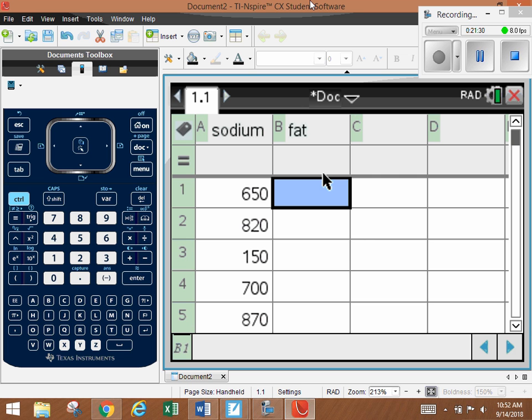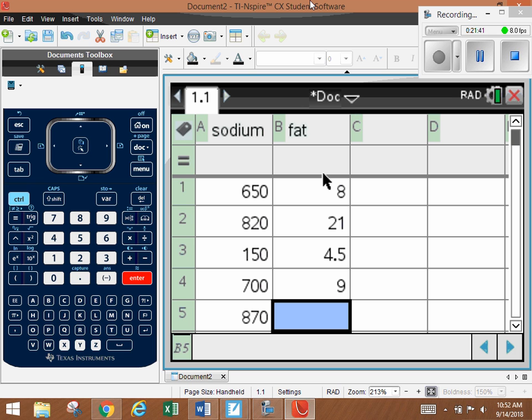$8.21 and 4.59. 4.5, darn it. It's looking like you want that side salad early.